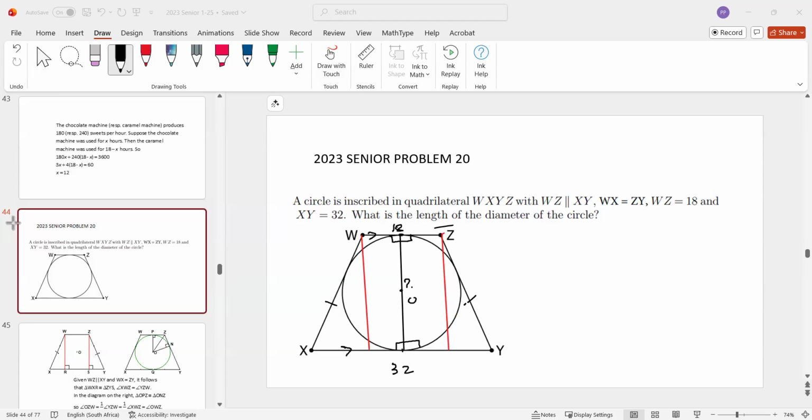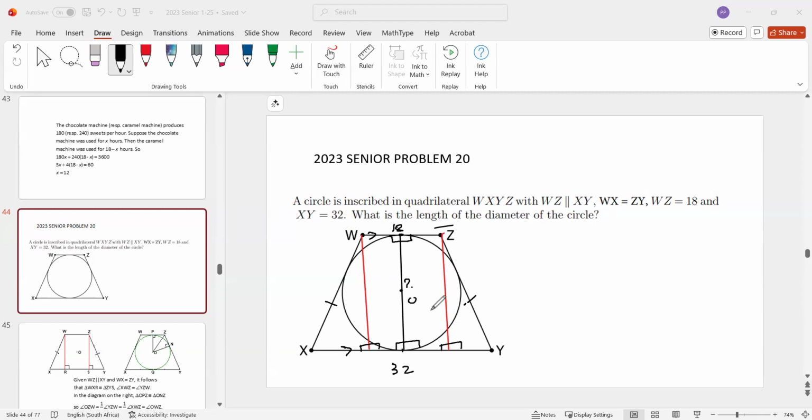I'll draw these two perpendicular lines, and now these two lines are parallel because they're both 90 degrees, yeah?